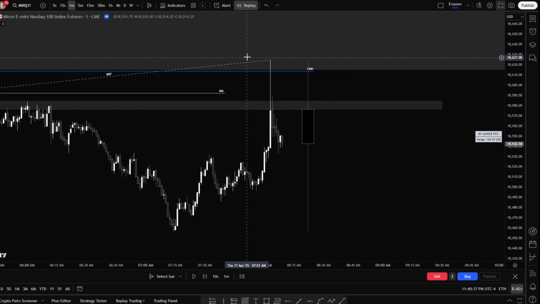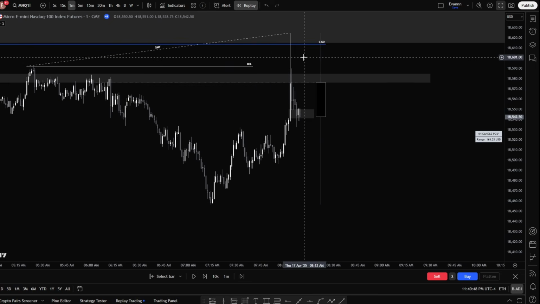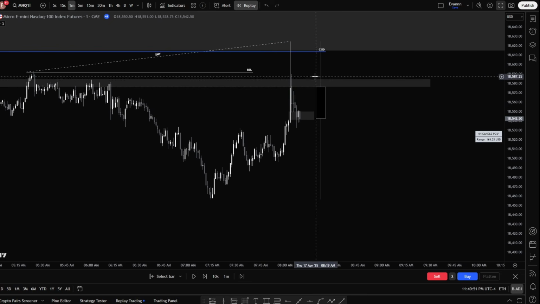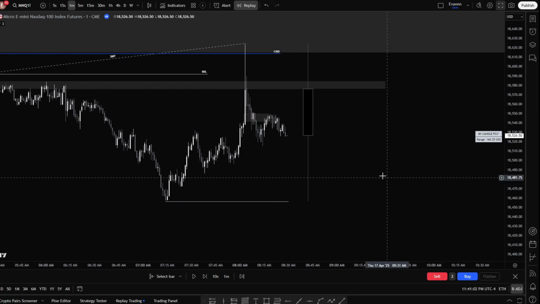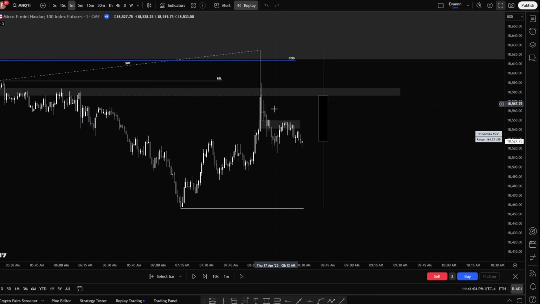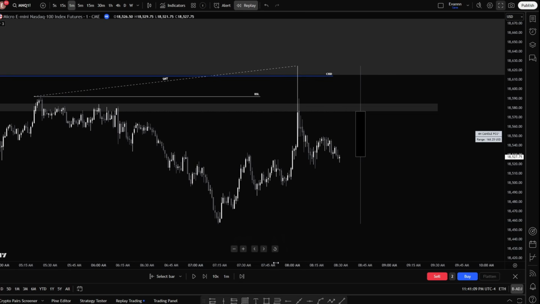If you like to take shorts while it's wicking, you can, but me personally, after seeing that, I would most likely take a trade after this fair value gap gets ran through, because that wick is telling me that we basically just want to go lower. So you could take a trade after that, and then it would go lower. But I just wanted to show you guys the manipulation and what it looks like.